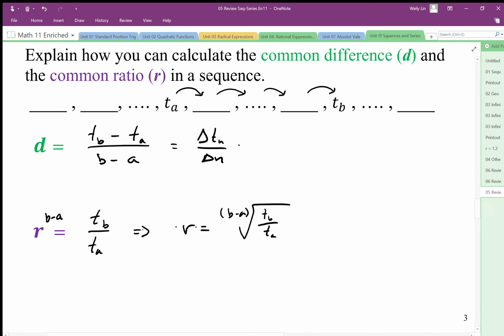So these formulas are very similar, but the common difference uses differences and we divide, while the common ratio uses a ratio and we root.